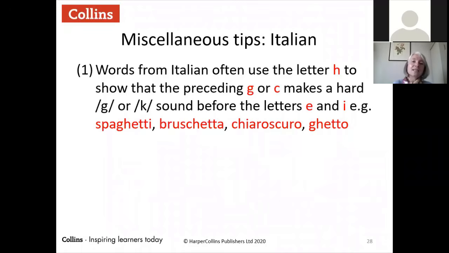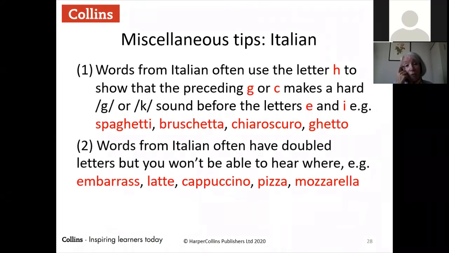But no, it's spaghetti. So watch out for the silent Hs in Italian words. The second word can either be said bruschetta or bruschetta. If the spellmaster in a competition says spell bruschetta, ask where it comes from. Italian, there's an H in there. Chiaroscuro is from Italian, and ghetto is Italian.